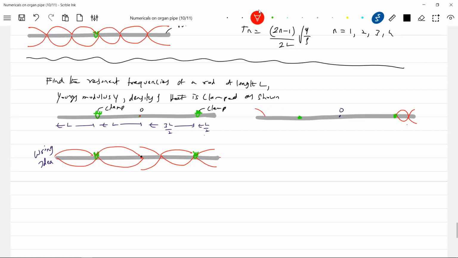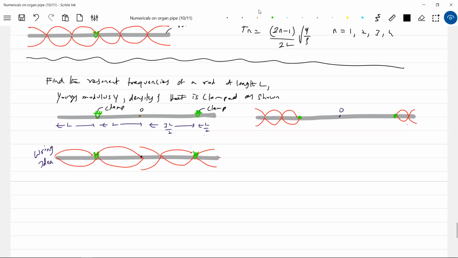The rod is not possible to vibrate. I think this is not possible, no? Here I should get 3 loops, that one. So therefore, there is a clamp here, it must be a node. I think the rod cannot vibrate. Let me take the clamps.